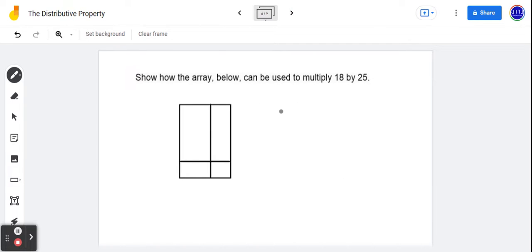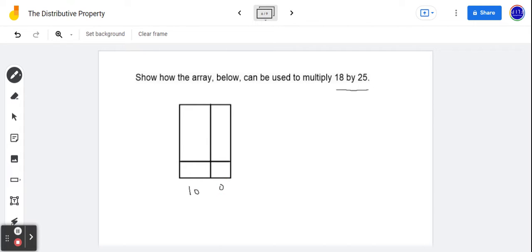Now going back to my word here, I mentioned I wouldn't be using an array, but I want to show you a slightly different type of array here where we're going to end up having 4 partial products. So let's take a numerical example just to start things off, and we're going to multiply 18 by 25 using the array. So let's put our 18 across the top. So we'll make this a 10.